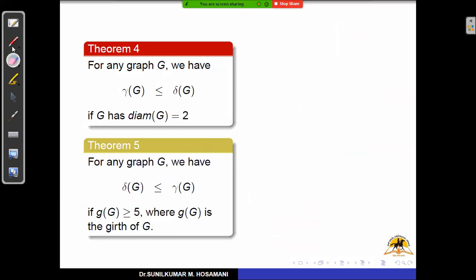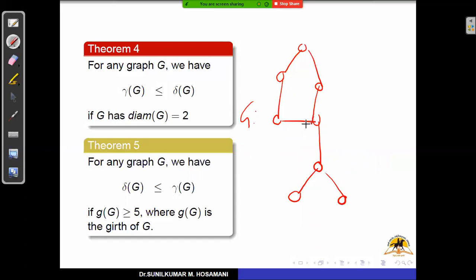For example, consider this graph. Okay. So this is a graph, and the minimum degree of this graph is 1 here, and the domination number of this graph is 1, 2, and 3.